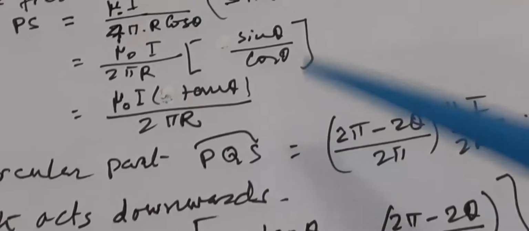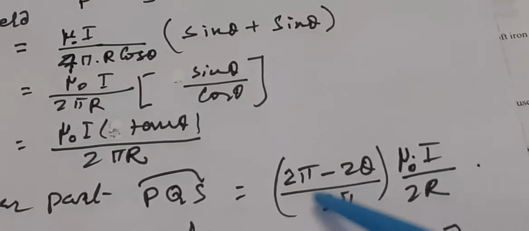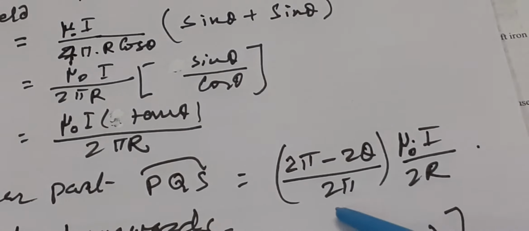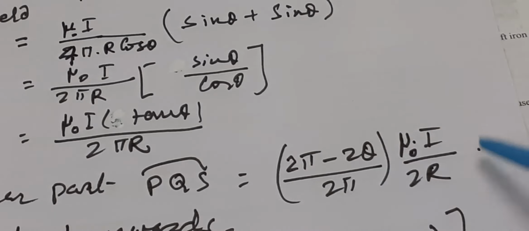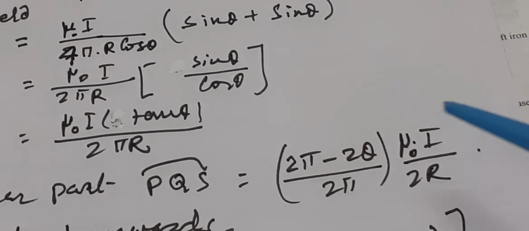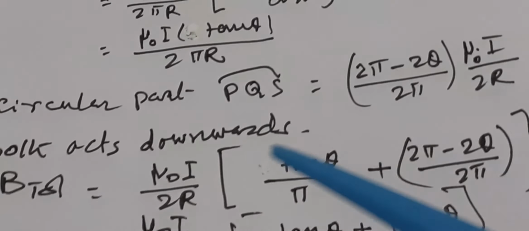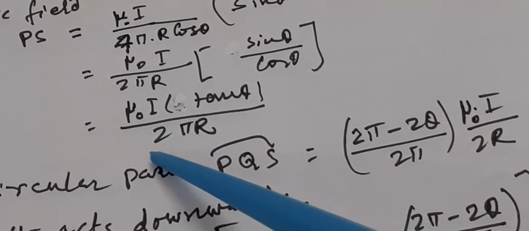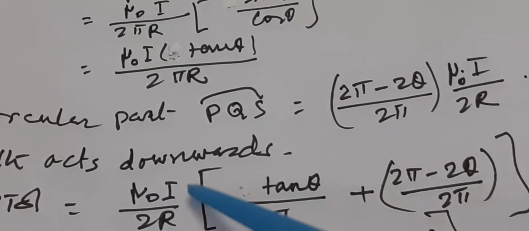PQS is the curved part, shown with this symbol in this way, and this is a part of the circle, that is 2 pi minus 2 theta by 2 pi. For the full circle, how much? Mu naught I by twice r only, you know this formula. And from here we can simplify, just take out mu naught I by twice r as common.